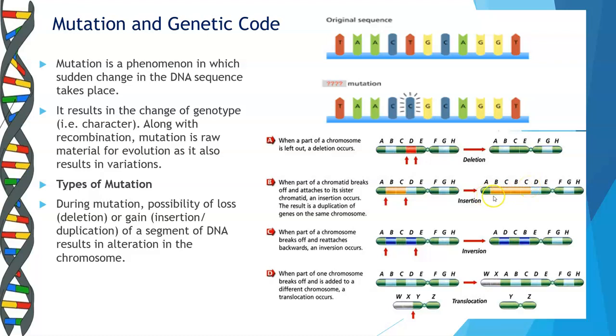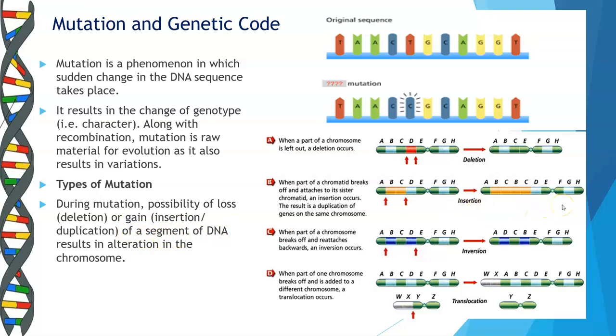So this results in duplication of the gene on the same chromosome. This is a process called insertion. Now, due to this insertion, you will see that you have a duplication of these two genes. So, because of this, there is a gain or an addition to the segment of your resultant DNA or the entire chromosome.